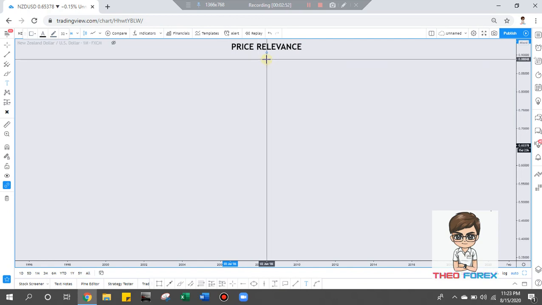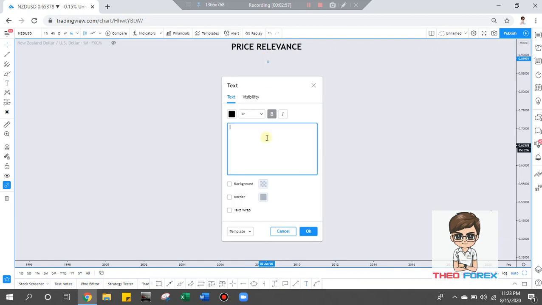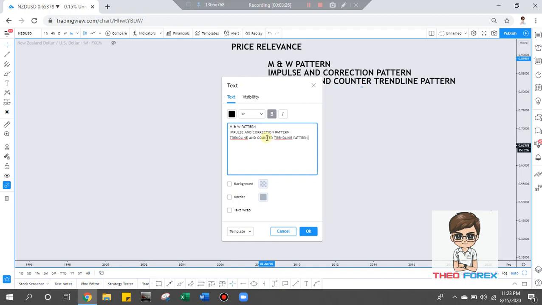So his trading approach is just three strategies, as he calls it actually, which is the M and W pattern, the impulse and correction pattern, then the trend line and counter trend line pattern.